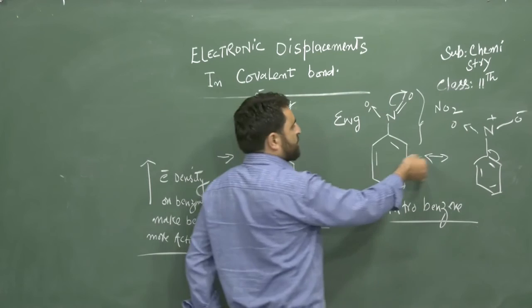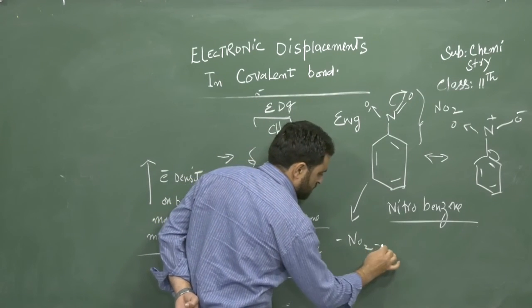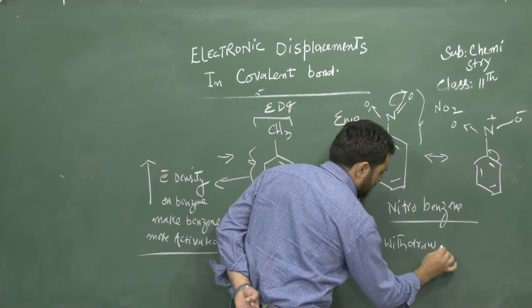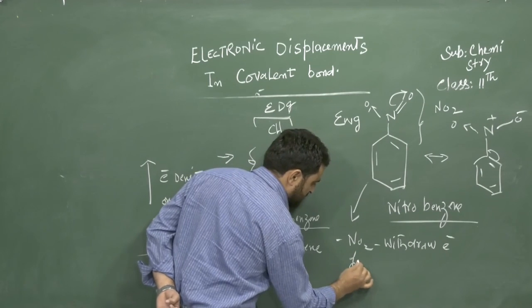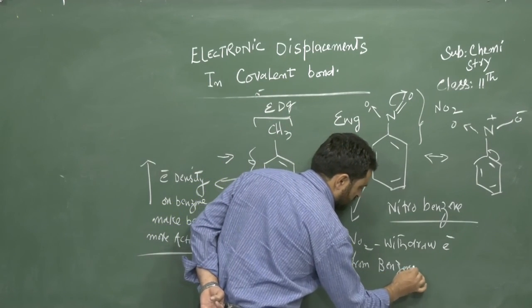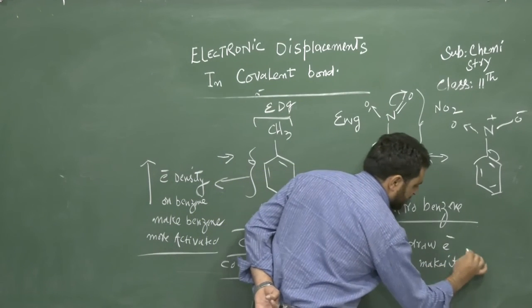Here NO2 will withdraw electron from benzene, which makes it deactivated.